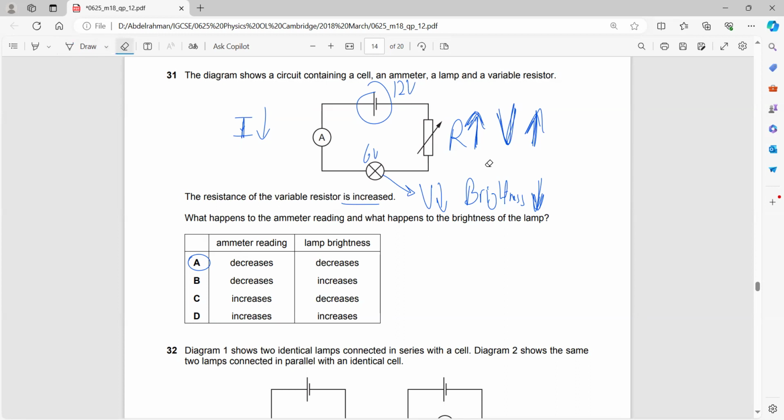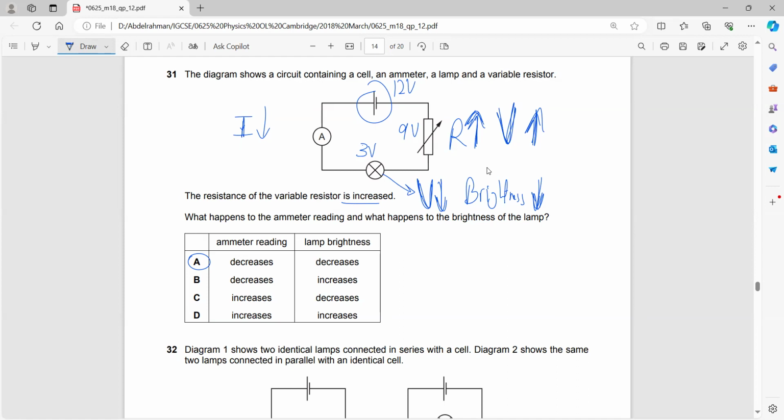If the voltage of the variable resistor increases to 9 volts, the voltage of the lamp would be 3 volts. So the voltage would decrease, and when the voltage decreases, the brightness decreases. The brightness does not increase; it has to decrease.